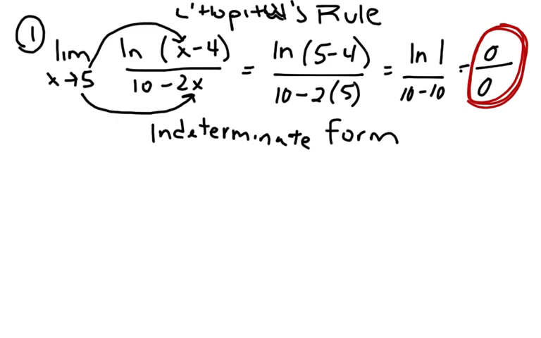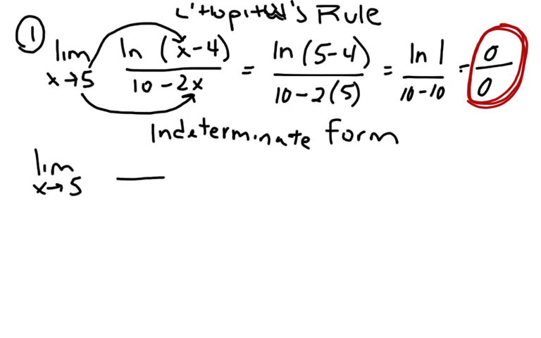So when that happens, what we need to do is employ L'Hopital's rule, which says I'm going to set up this limit again as x approaches 5, but instead of taking the limit of the original equation, since it is in a fraction format, I'm going to take the derivative of the top and the derivative of the bottom and look at what the limit of that function is.